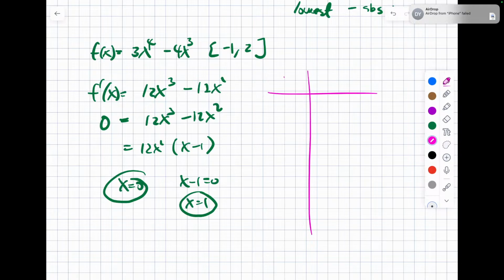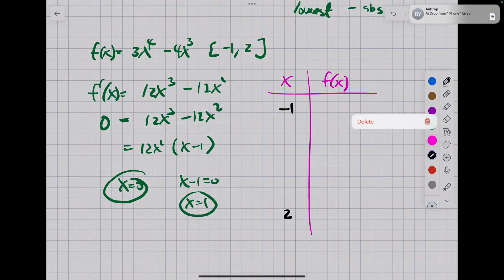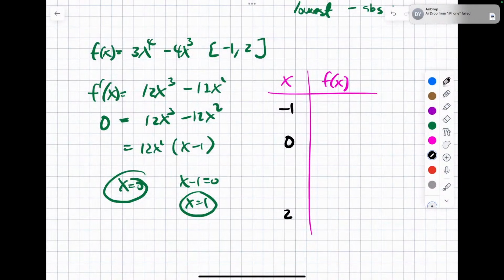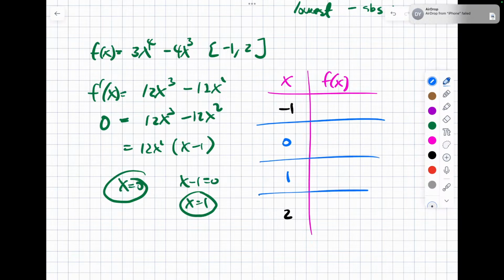Now this is the table they're interested in. Now you're going to be like, wait, Mr. Ye, you just plug in every single integer? But that's not true. If I have one critical number, I can skip one of those values. If I have no critical number, then I skip both. Here you must include the endpoints. The endpoints are going to be at -1 and 2. The critical points are going to be at 0 and 1. But you have to compare all the values here.